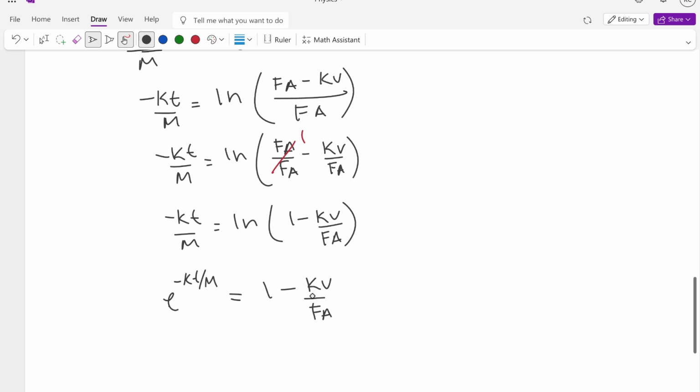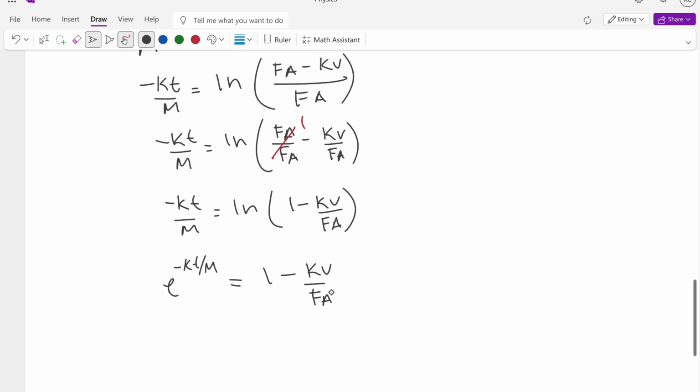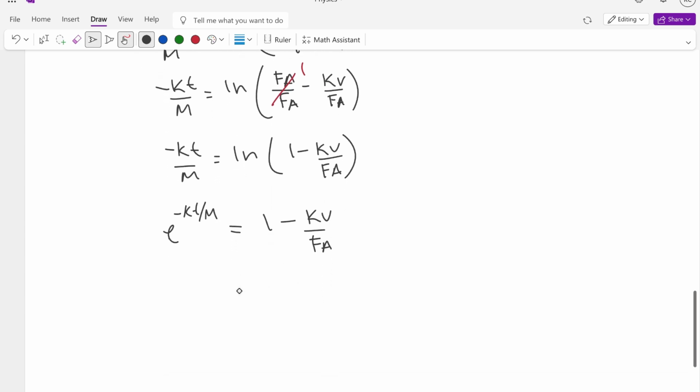From here on out, you're just isolating for v. It's going to be adding negative 1, so negative 1 plus e to the negative kt over m is equal to negative kv over f sub a.